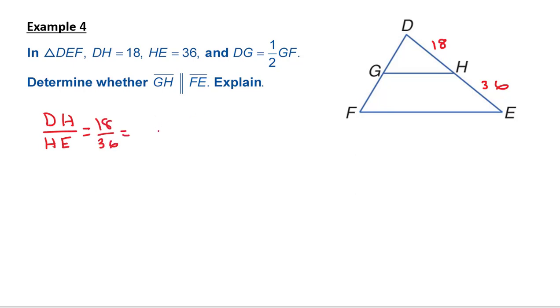So that's in a ratio of 1 to 2. DG is equal to 1/2 GF. If I divide both sides by GF, DG over GF is equal to 1 to 2. So my proportions are the same.